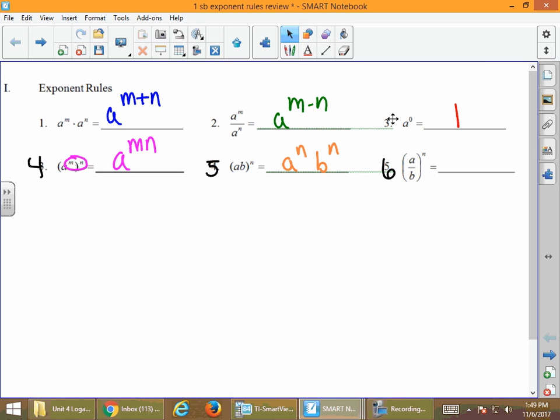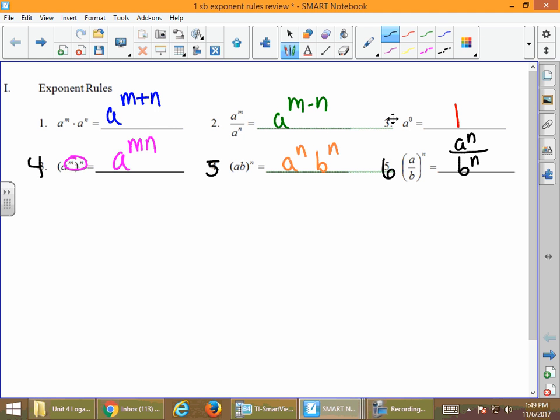What's inside the parentheses gets raised to what's outside the parentheses. And finally here on number 6, which is number 5 on your paper, even if it's a fraction, what's inside the parentheses gets raised to what's outside the parentheses. So this becomes a to the n divided by b to the n.